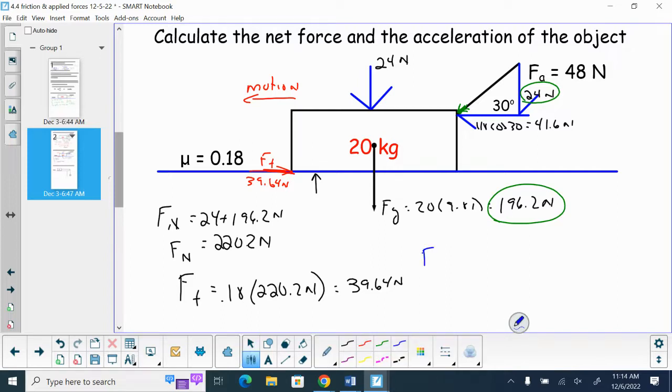Our force net, well, we have 41.6 newtons here, 39.64 newtons here. So we're barely able to overcome the force of friction here. So we're right around 2 newtons, 1.96 newtons is our force net, which equals mass times acceleration.